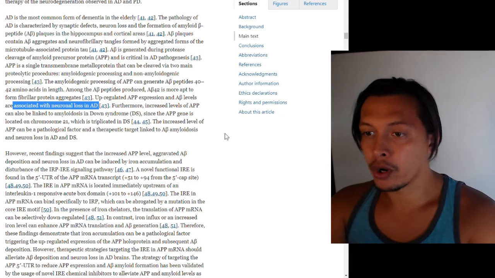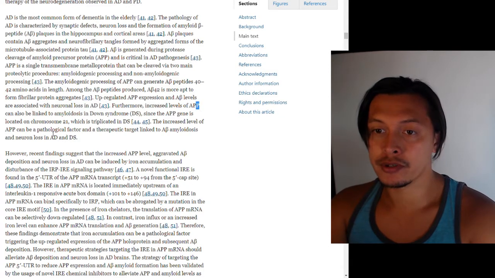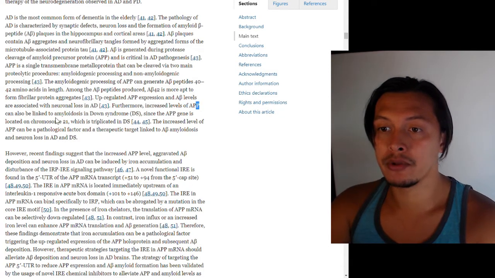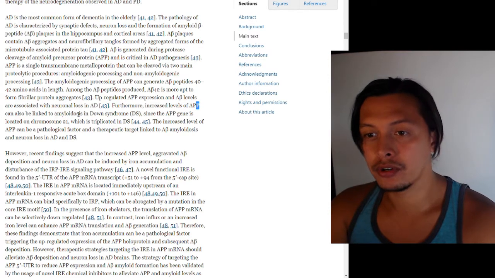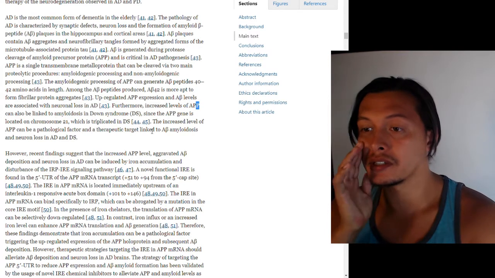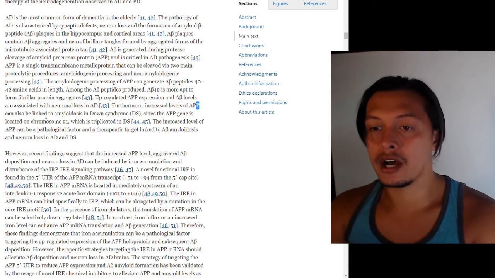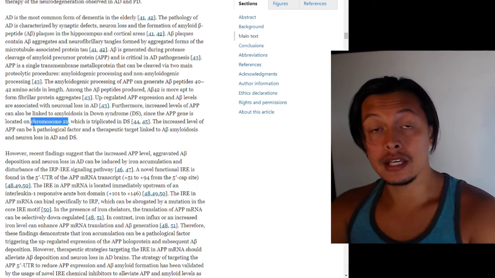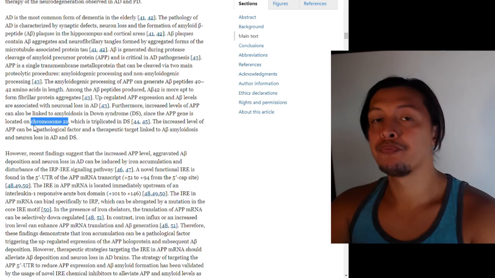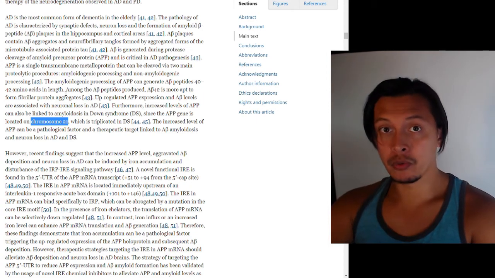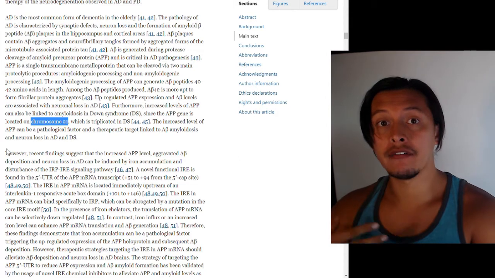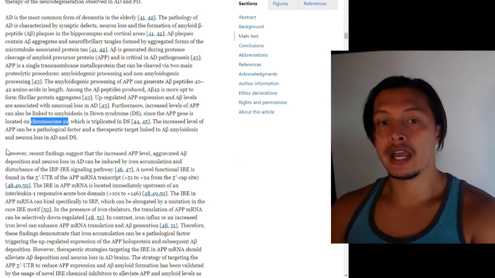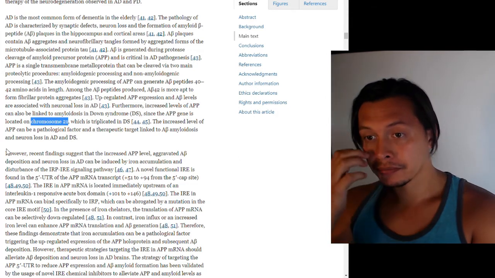So upregulation of APP expression and amyloid beta levels are associated with neuronal loss in Alzheimer's disease. Furthermore, increased levels of amyloid precursor protein can also be linked to amyloidosis in Down syndrome, since the APP gene is located on chromosome 21. So remember, chromosome 21 is the chromosome that people with Down syndrome have an extra copy of. So they have 3 copies of it rather than 2.